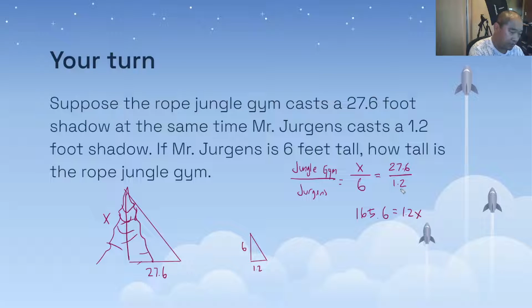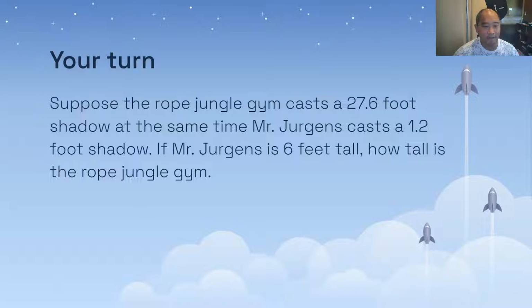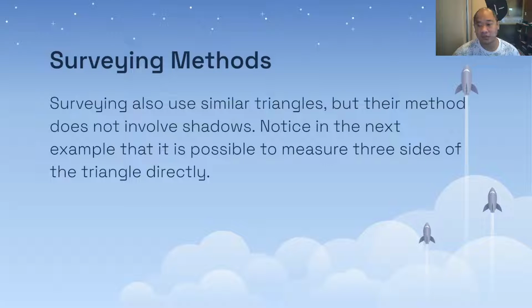We divide both sides by 1.2, and x equals 138. That means the jungle gym is 138 feet. It's not in real life, but that's how tall it is in this problem. Okay.